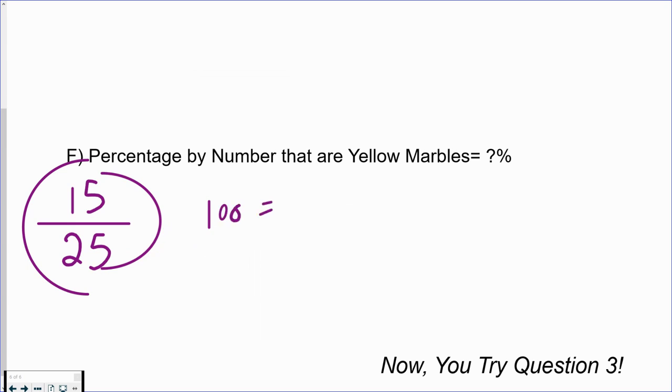And you should get an answer of 60. However, there's going to be a decimal place because each of those digits has two significant figures, and that is the percentage by number of yellow marbles.